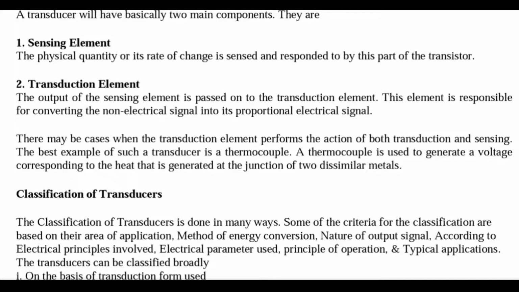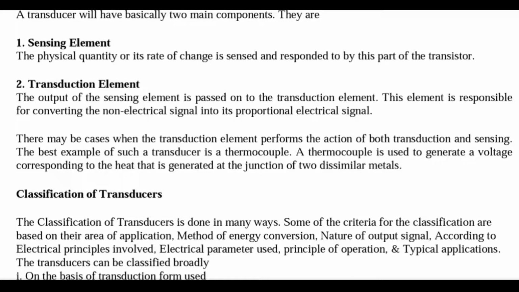Now we go for the classification of transducers. The classification of transducers is done in so many ways; there are so many bases. One is on the basis of transduction form used, as primary and secondary transducers, passive and active transducers, analog and digital transducers, and inverse transducers.